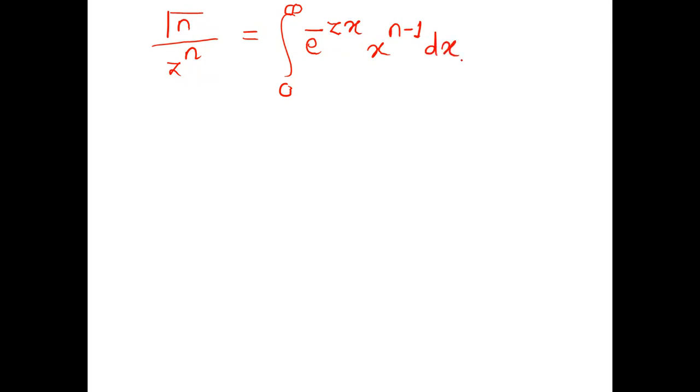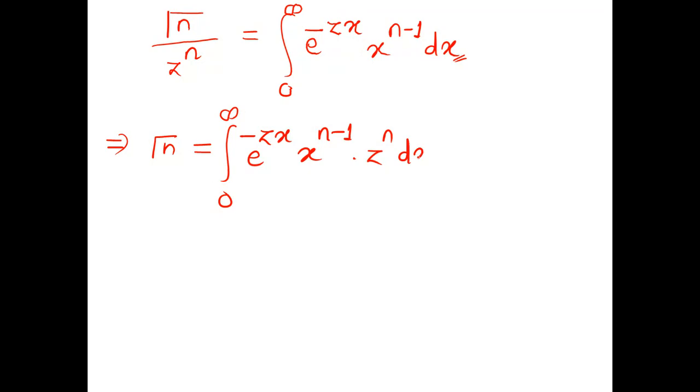Now the variable of integration is x, so this z raised to power n is acting as a constant. Whether we write it outside or inside the integral is immaterial, so let's write z raised to power n inside the integral. So we have e raised to power minus zx, x raised to power n minus 1, then z raised to power n dx. This step is very, very important.